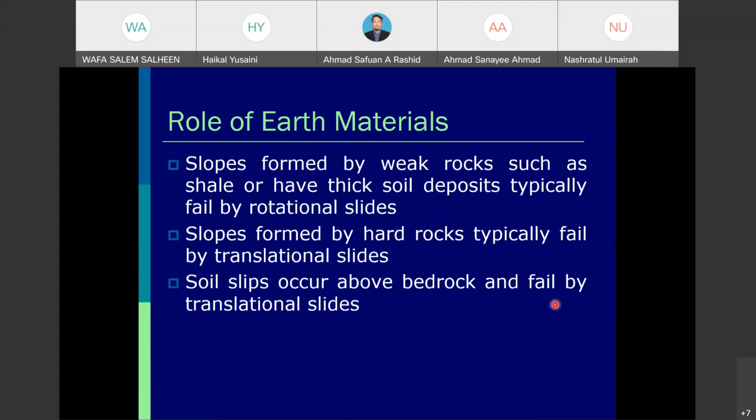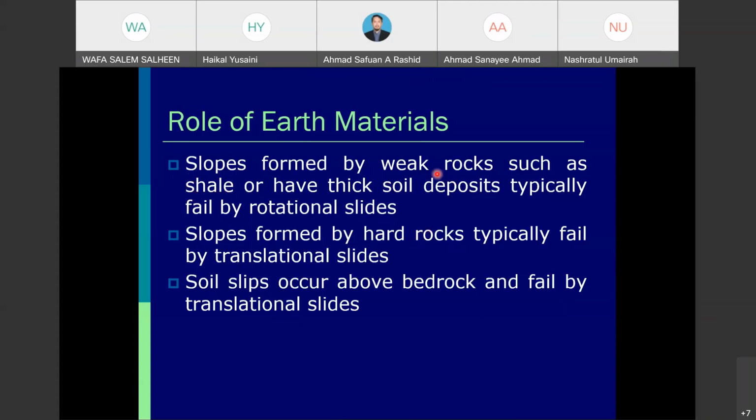Soil slips occur above bedrock and fail by translational slides. That means we need to take care of the type of shale formations. If the shale formation is exposed to water, it becomes a weak material. The same goes for limestone.